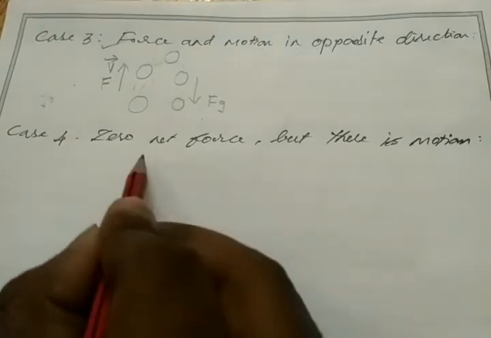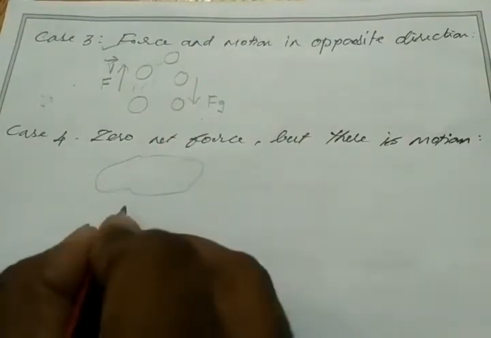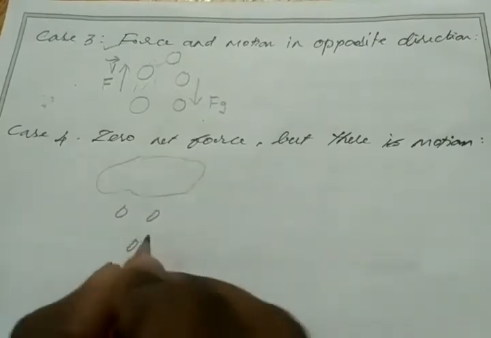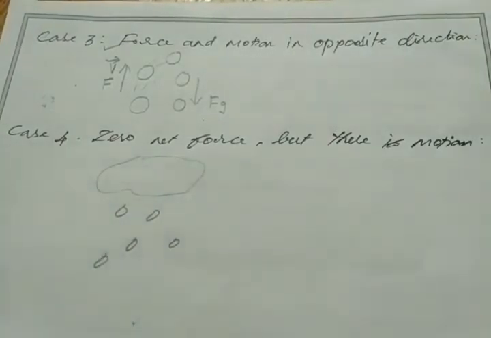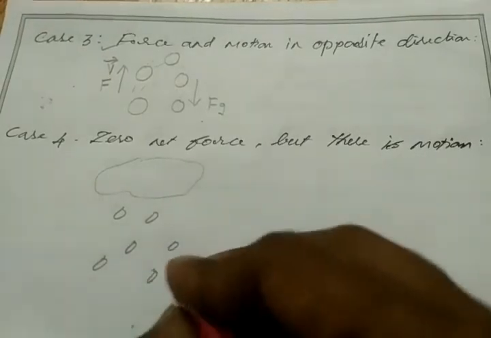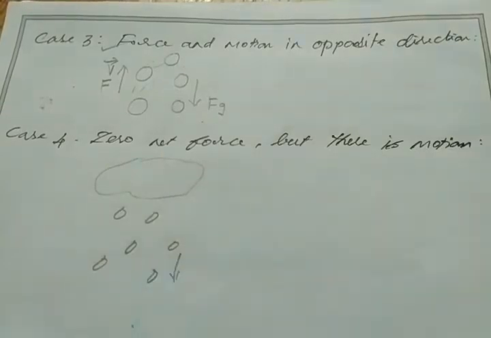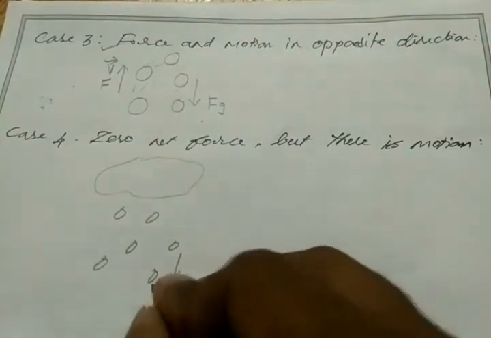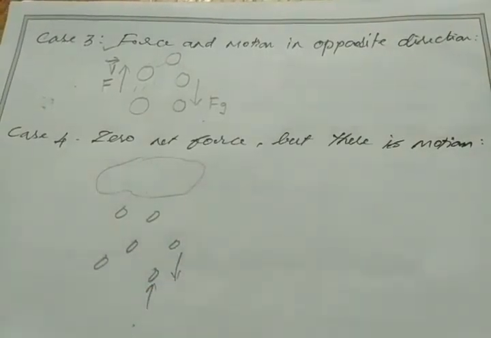For example, if you take the raindrop, which falls towards the earth, what are the forces acting on these raindrops? It experiences both gravitational force downwards and air drag force upwards.